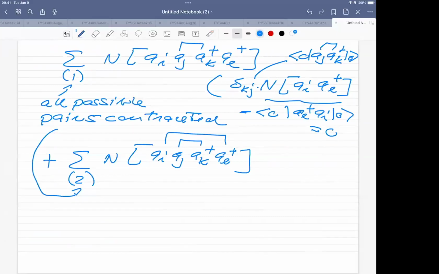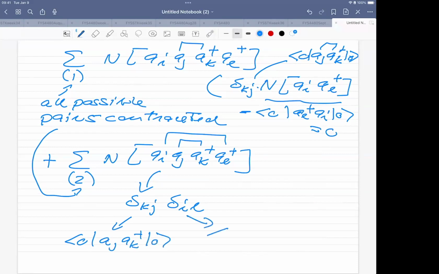And when you translate this one back into the different terms, what this one is going to be is a Kronecker delta Kj and a Kronecker delta IL, which then stands for AJ AK dagger 0, and this one stands for 0 AI AL dagger 0. So this is just us breaking down the different terms and what they mean.